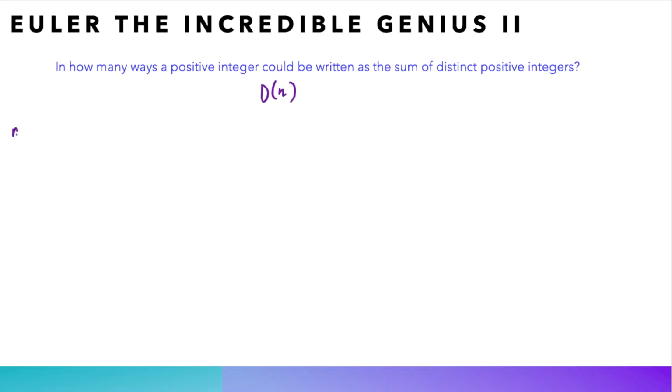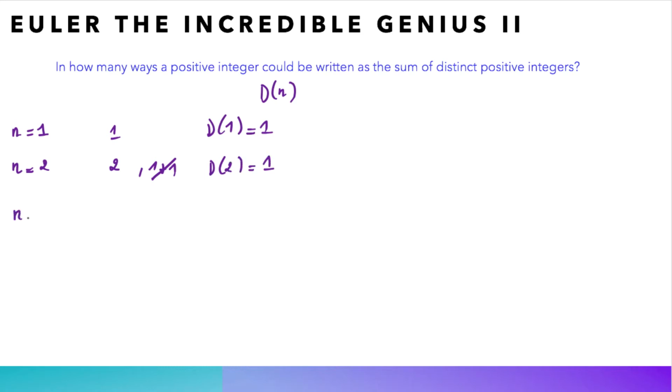Now, if n is equal to 1, the only way to write 1 as the sum of distinct positive integers is 1, which means that d of 1 is equal to 1. Now, if n is equal to 2, one can write 2 as a 2 or as a 1 plus 1, but 1 plus 1 is not a sum of distinct positive integers, so we erase this, and d of 2 is equal to 1 as well.